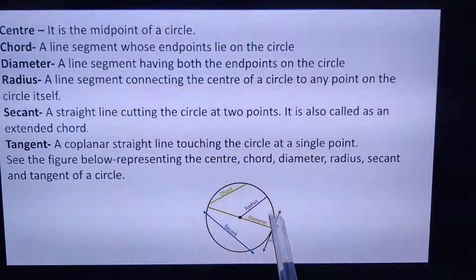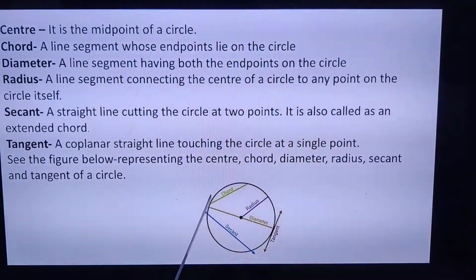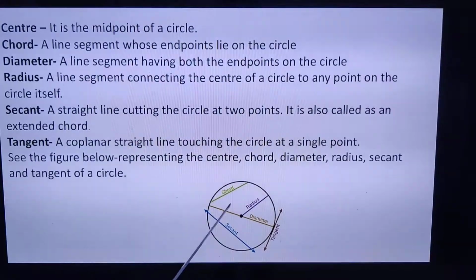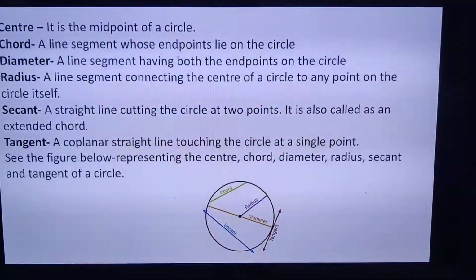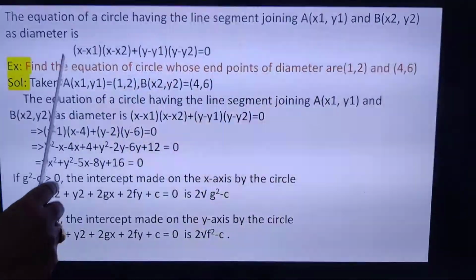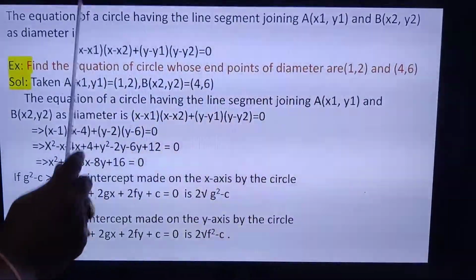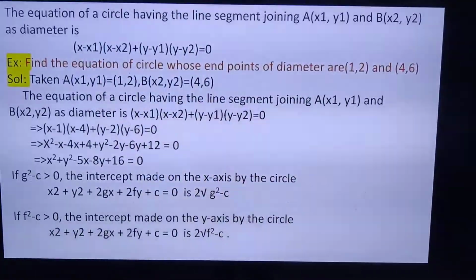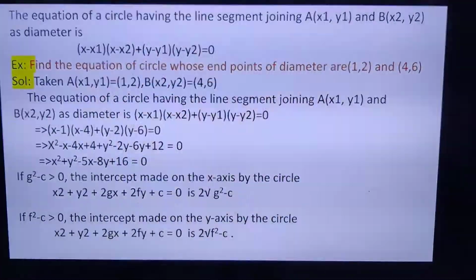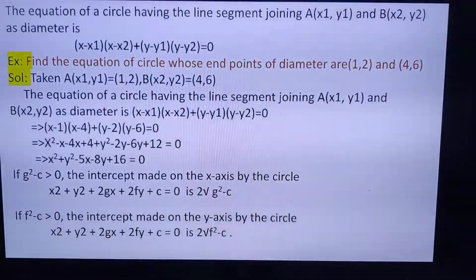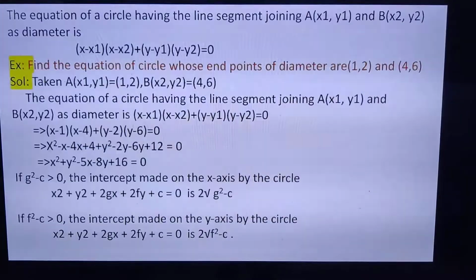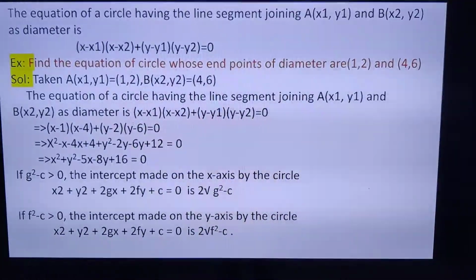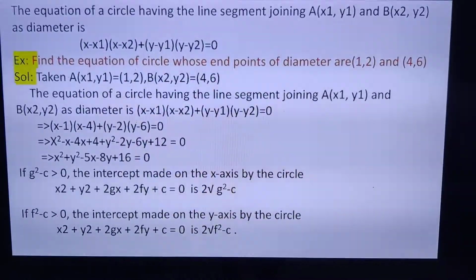We find the equation of the circle passing through the endpoints of the diameter. That is (x minus x1)(x minus x2) plus (y minus y1)(y minus y2) is equal to 0. This is the circle equation for a line joining the endpoints of a diameter A(x1, y1) and B(x2, y2).